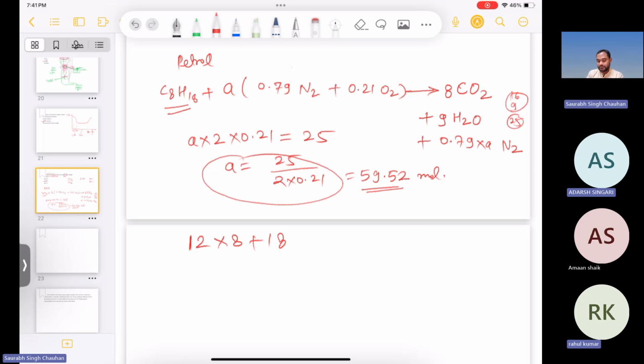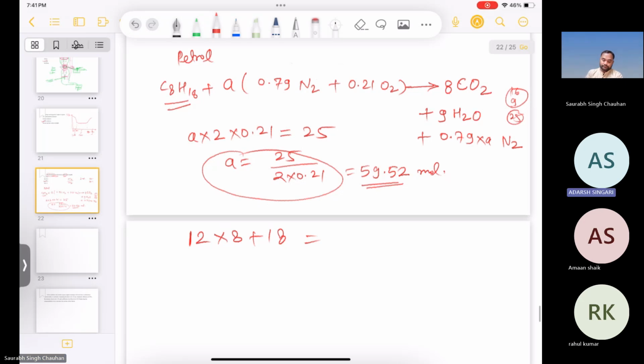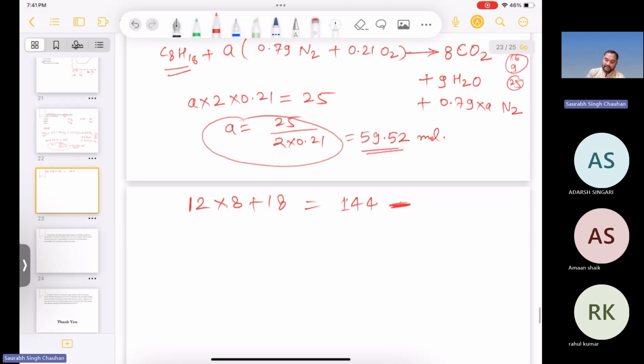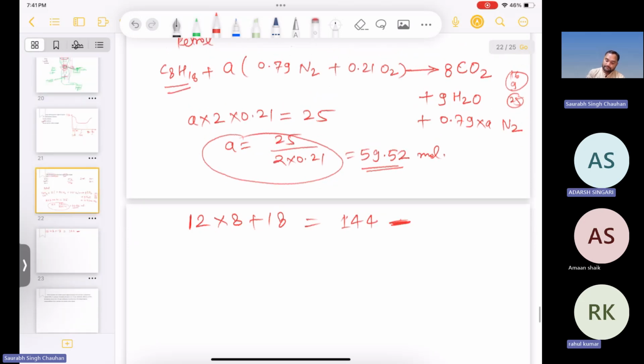So this is the molar mass of octane. How much is it? 114. Okay, so this is the mass for octane.